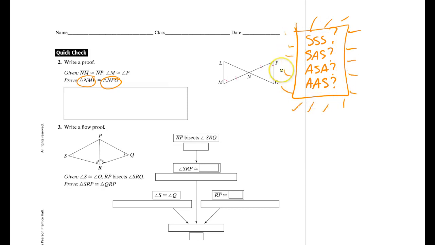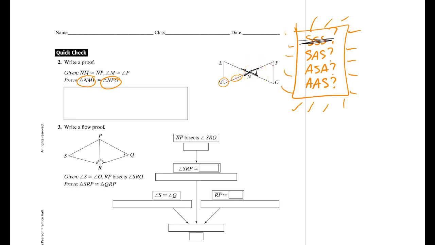So looking at this diagram, what do you think we could do? Well, hey, they already start us off with an angle and a side. So right there, let's not try to bother with side, side, side. Let's use one with the angle, shall we? And, ooh, do you see what I see? I see some vertical angles right there.